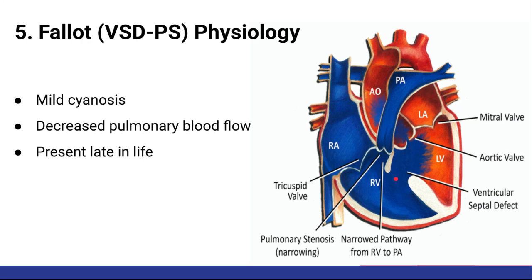So this disease presents with mild cyanosis, decreased pulmonary blood flow, and presents later in life, after 6 months or 1 year, 1 to 3 years of age, depending on severity of pulmonary stenosis.